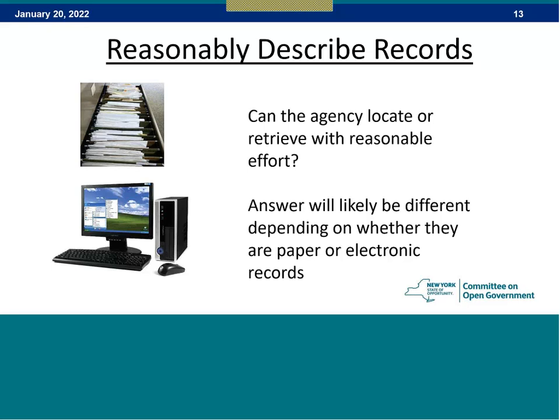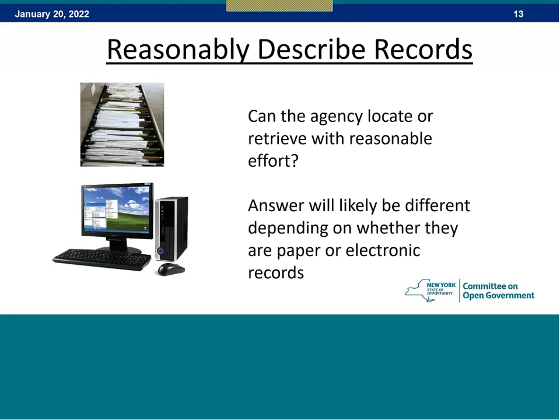If the applicant is using terminology or phrases that make no sense to the records access officer or the appropriate staff, then it's very possible that the person who's making the request has not reasonably described the records sought. The next issue is whether the agency can locate or retrieve the records sought with reasonable effort.